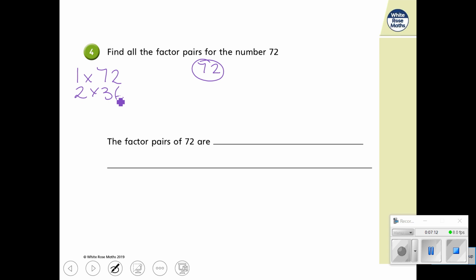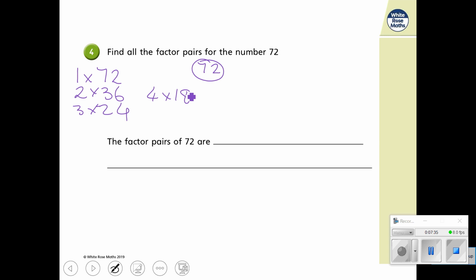3. Yeah, 3 times 24 makes 72. 4, that's right. 4 times 18 makes 72. 5. Oh, hold on a minute. There isn't a number that I can multiply by 5 to make 72.